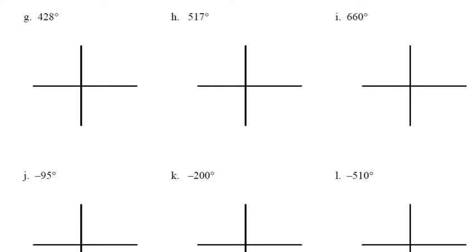Oh no. Okay, now, how are we going to show 428 degrees? All right, so we're going to go around. Okay, 90, 180, 270, 360. Now, if I go another 90, how far will that be? 450, so that's too far.